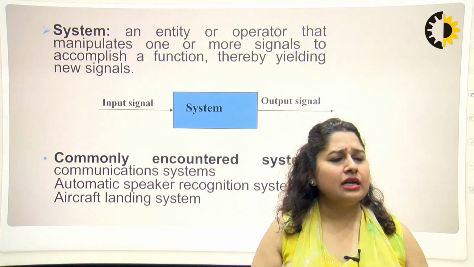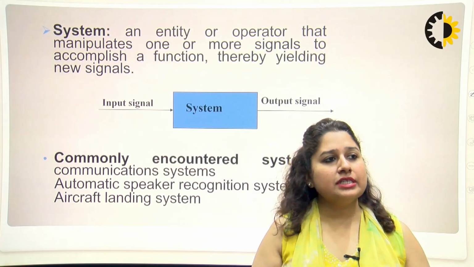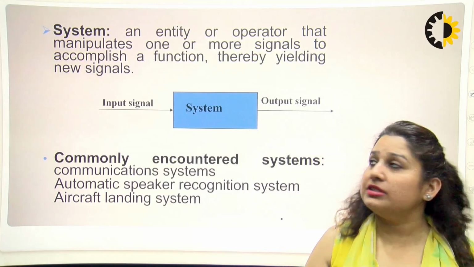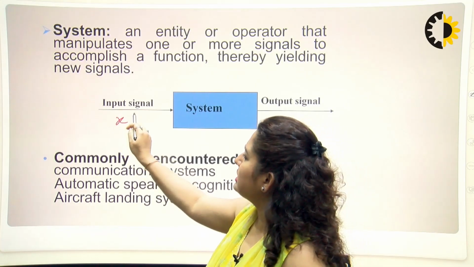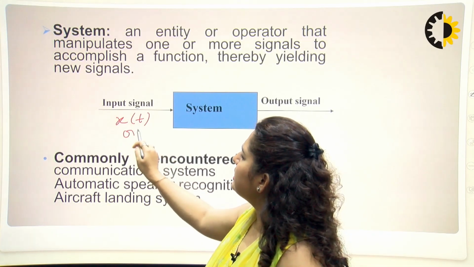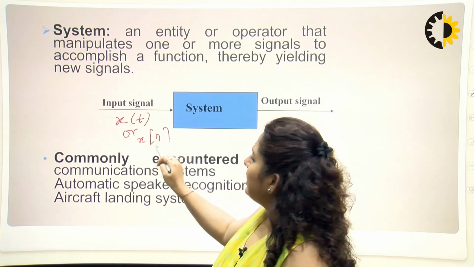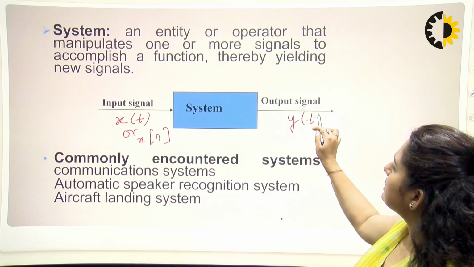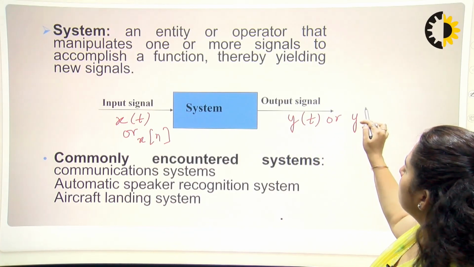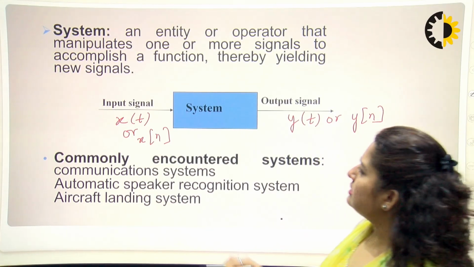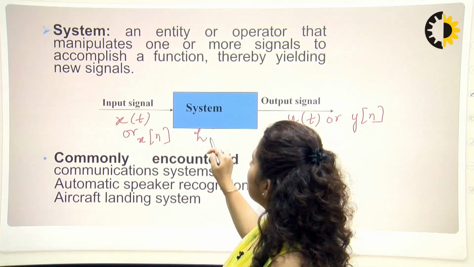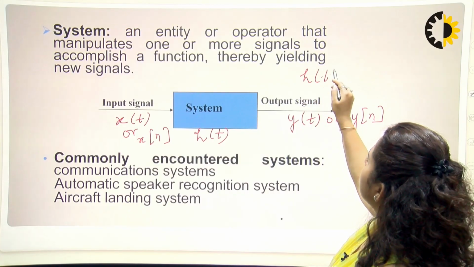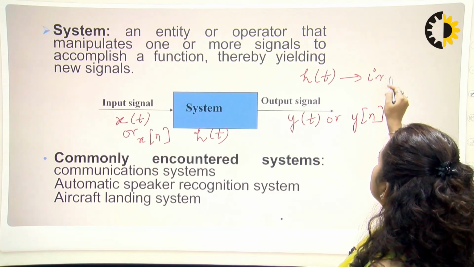To get the response, we apply an input signal, which can be a continuous time signal or a discrete time signal, and we obtain an output signal, which is also a continuous time or discrete time signal. The system has a response called the impulse response, represented as h of t.